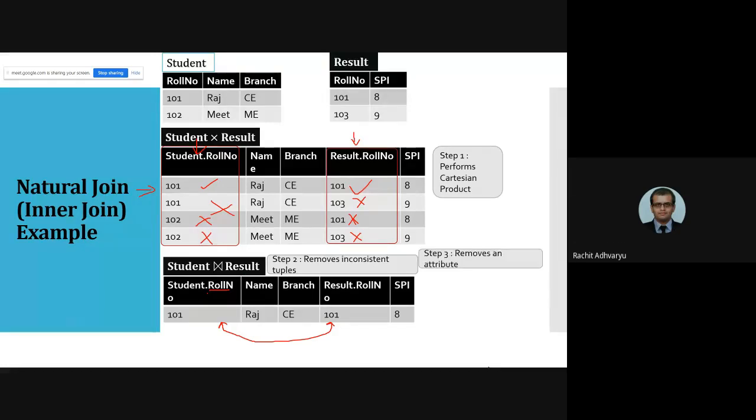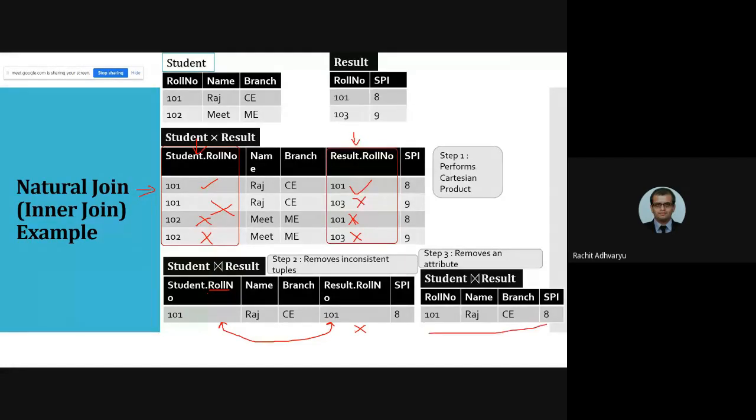So in step 3, we remove an attribute, any one particular column from the table. But generally it will remove the later column, that is the column coming in the next sequence. It will not remove the first column. So this is your final answer of join.